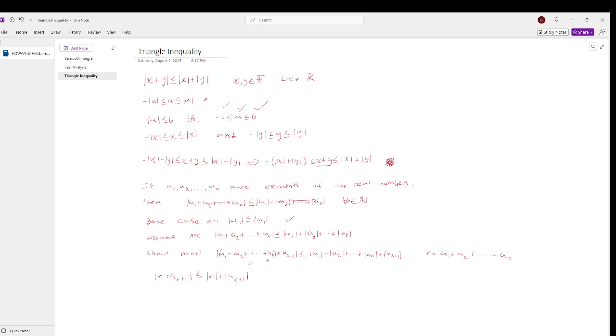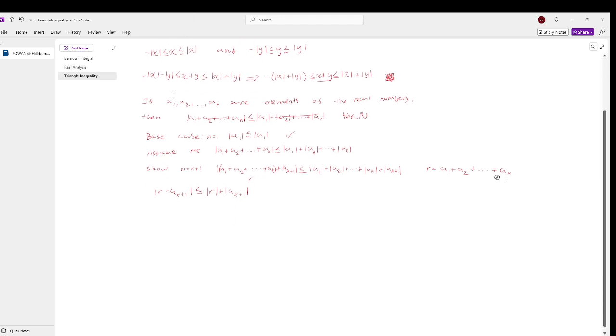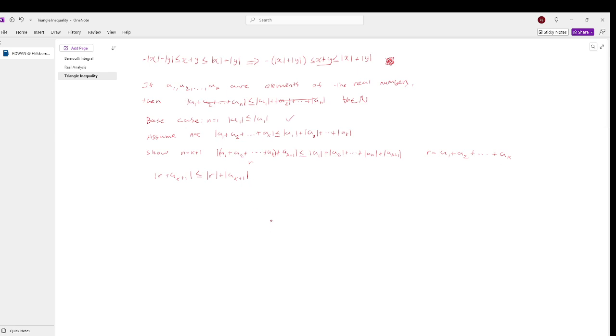Now, I'm going to use our assumption. We assumed that n equals k and that this was true. Let me scroll down a little bit. We assumed that the absolute value of r is less than or equal to the absolute value of a1 plus the absolute value of a2 plus dot dot dot plus the absolute value of ak.